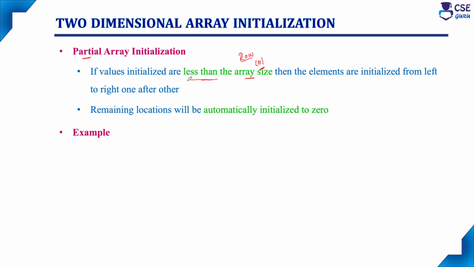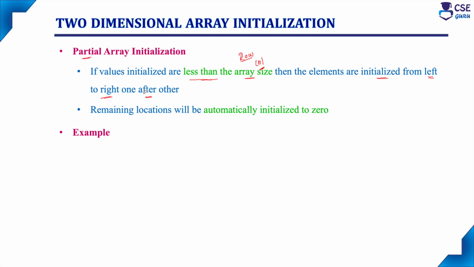If the values initialized are less than the array size, then the elements are initialized from left to right, one after another. Here we cannot skip memory locations in between. The last memory locations we can leave free without initializing values. But if you are initializing the values, they will be allocated from left to right.